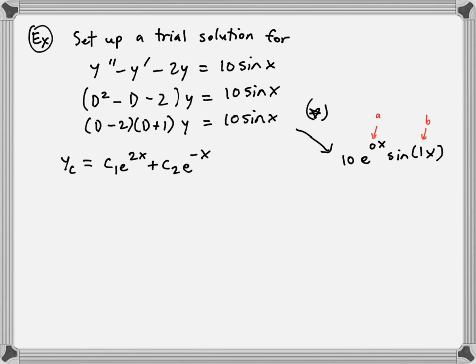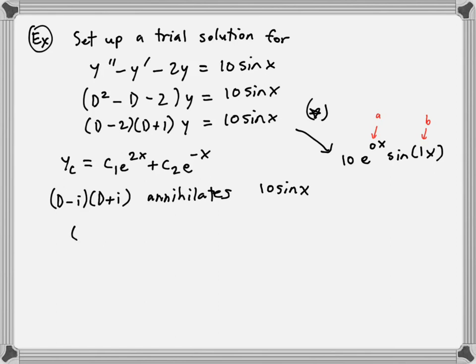So the complex number a plus bi, but since a is 0, it's just going to be 1i, or just i. Okay. So this means that D minus i times D plus i annihilates 10 sine x. You could multiply that out and write it as D squared plus 1, but you don't really need to.